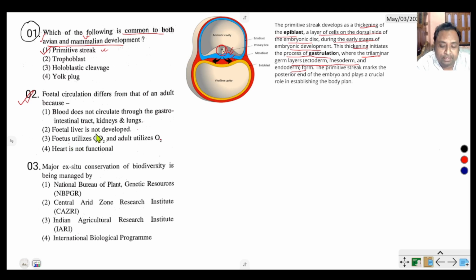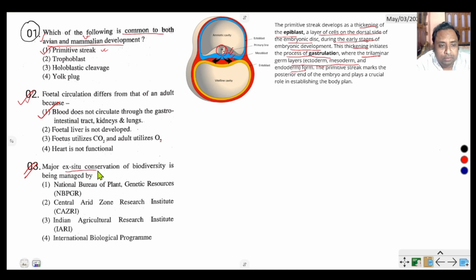In the case of a fetus, the lungs are not functional because respiration is done through the placenta of the mother. So blood does not circulate through the gastrointestinal tract, kidney and lungs. Option number 1 is correct.